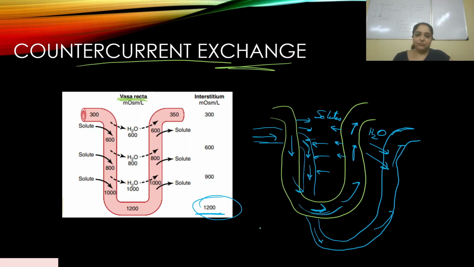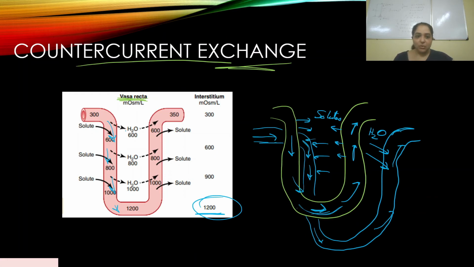All right. So like you can see over here, as solutes are moving in, obviously the osmolarity, and water is moving out, so obviously the osmolarity is being maintained here also in the vasa recta. This is a very intelligent system. Not only in the loop of Henle does osmolarity have to be maintained, but also in the vasa recta, because a balance always has to be created. As the blood is moving down, solutes are moving in, so that is contributing to the osmolarity inside.